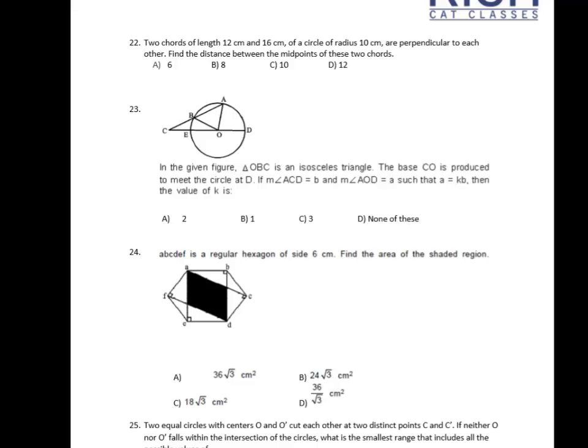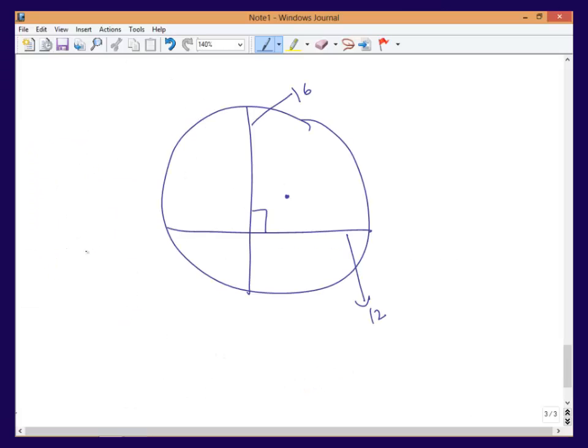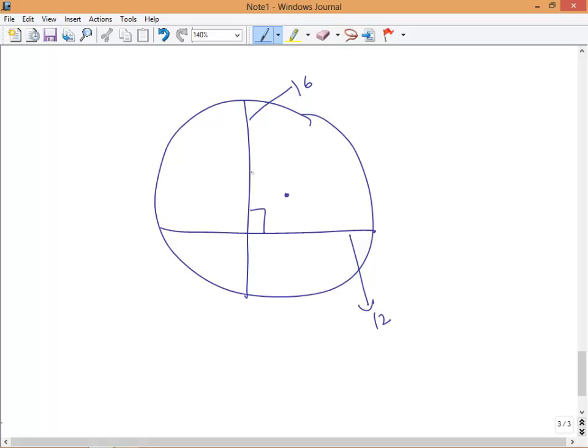That's a simple one. So we need to find that. Let's say this is the midpoint, this is the midpoint, this length. How to use that radius 10?